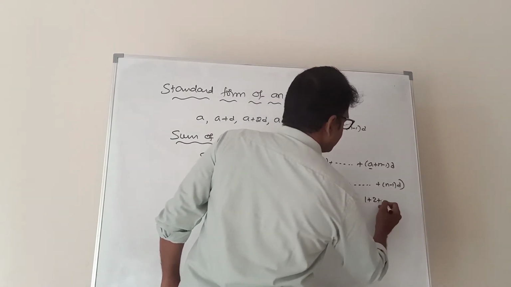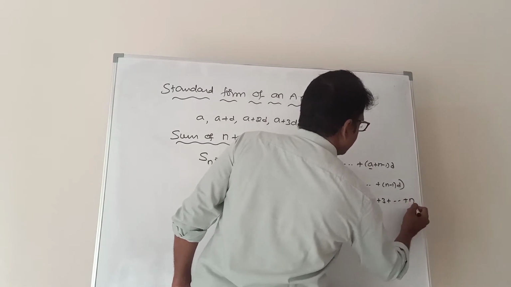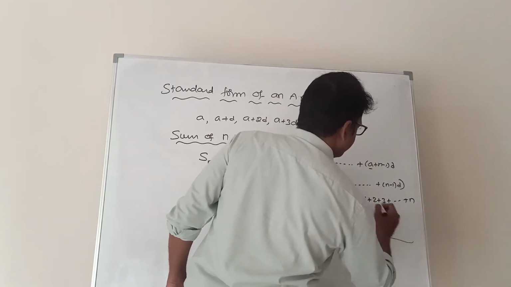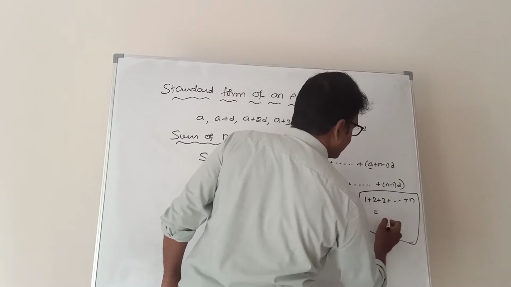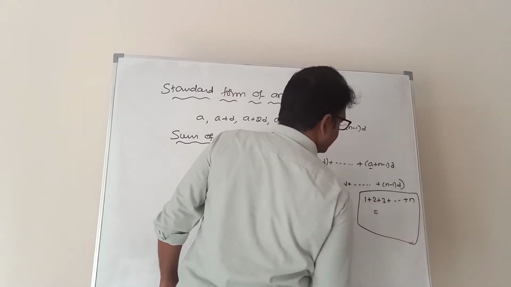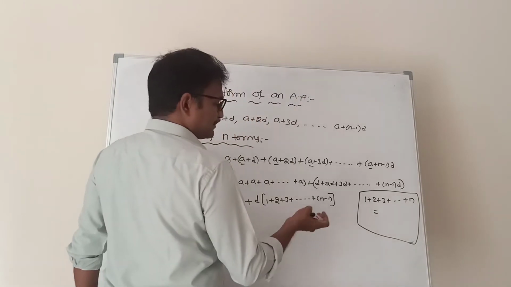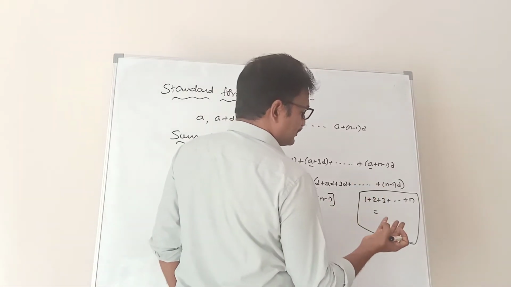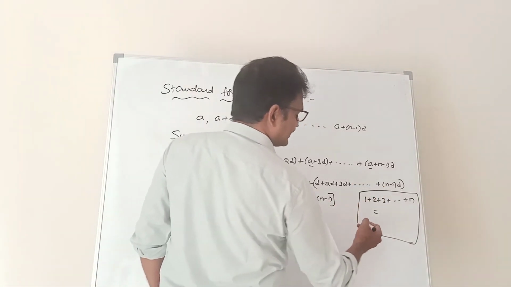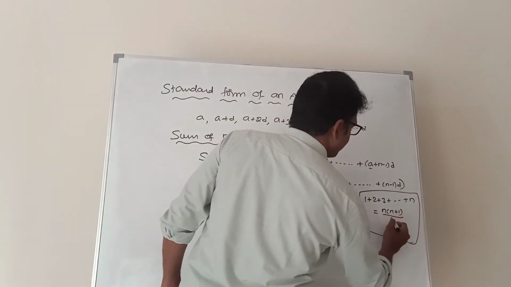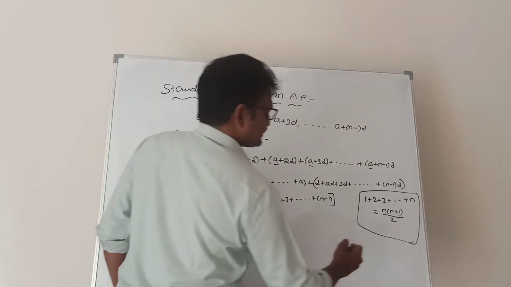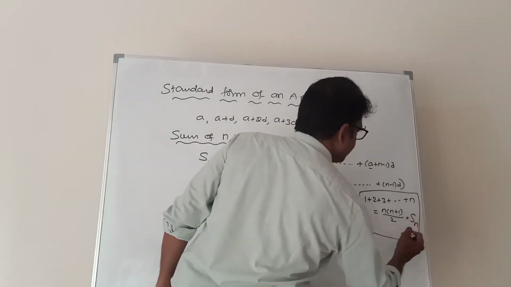We know 1 plus 2 plus 3 plus so on; the sum of n terms formula is in the PMI, Principle of Mathematical Induction chapter. If 3 terms are there, 1 plus 2 plus 3. If 4 terms are there, 1 plus 2 plus 3 plus 4. Similarly, if n terms are there, the formula is n into n plus 1 by 2.